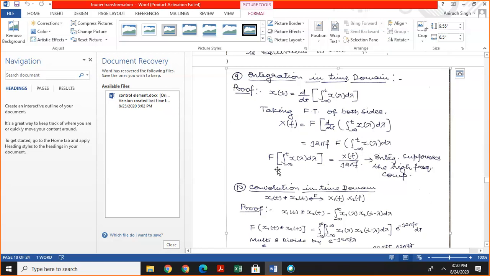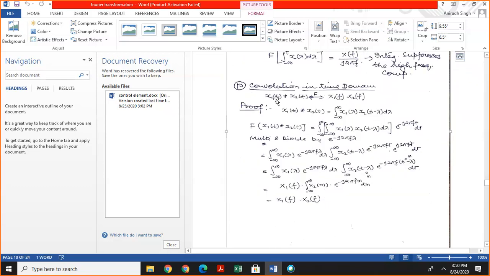So we can say that the Fourier transform of the integration is equal to X of f divided by j omega, or integration suppresses the high frequency component. Differentiation enhances the high frequency component, and integration suppresses the high frequency component.